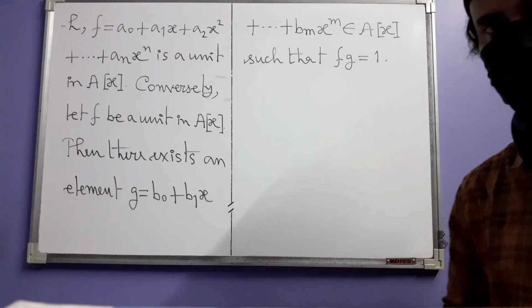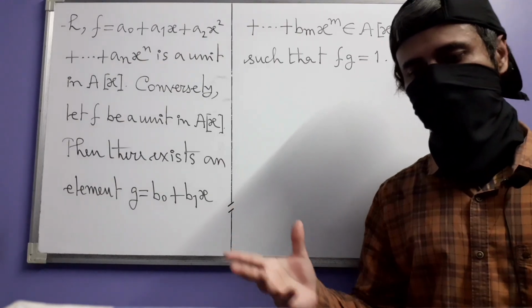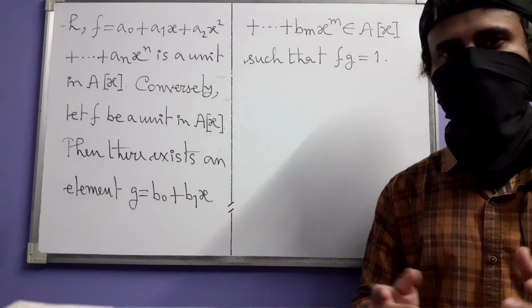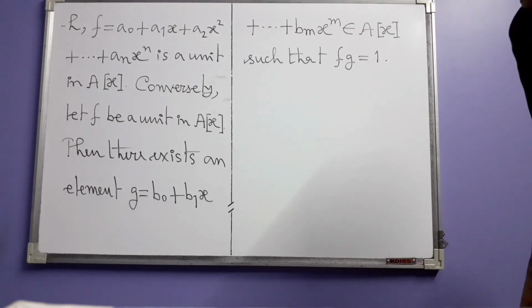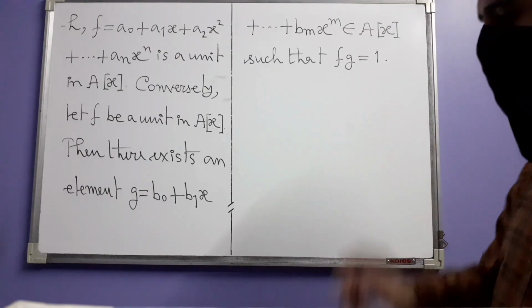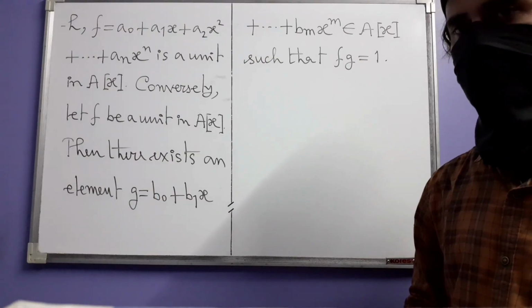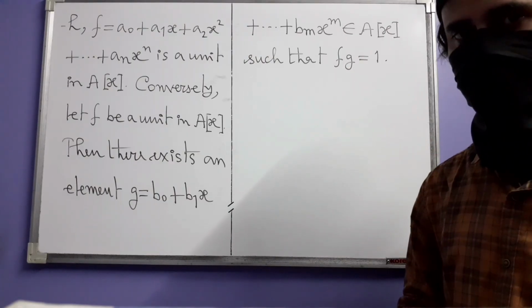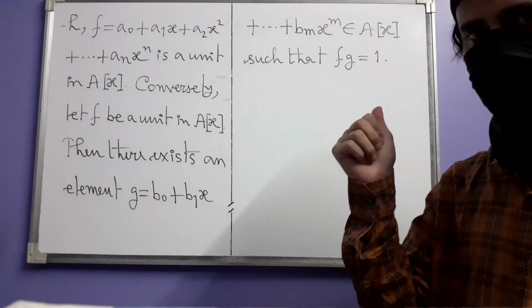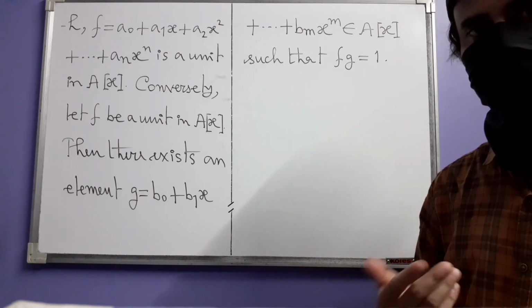You already know what you have to do. You gather the like terms, add their coefficients, and then you have to equate that polynomial to the constant polynomial 1. So the constant part of the product polynomial fg will be equal to 1 and the other coefficients will be equal to 0.